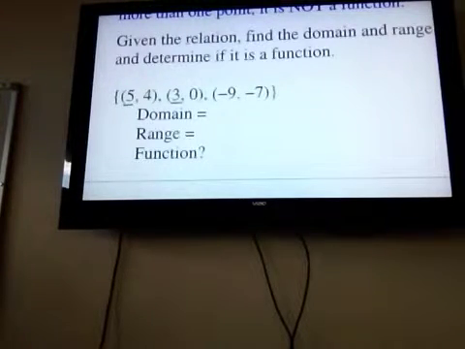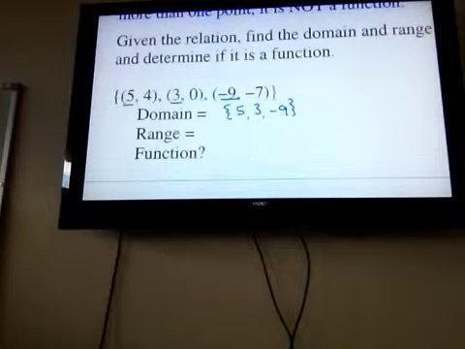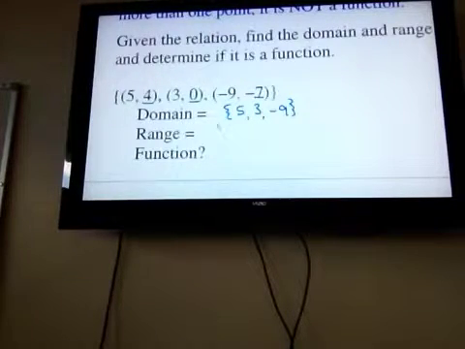So the 5, the 3, and the negative 9, in no particular order. If you want to write them numerically, you can, but it doesn't have to be. The range are the y's. So 4 and 0 and 7.